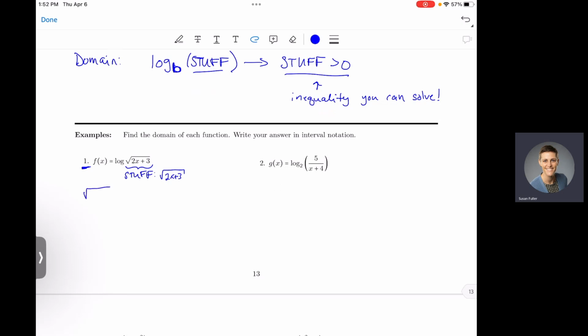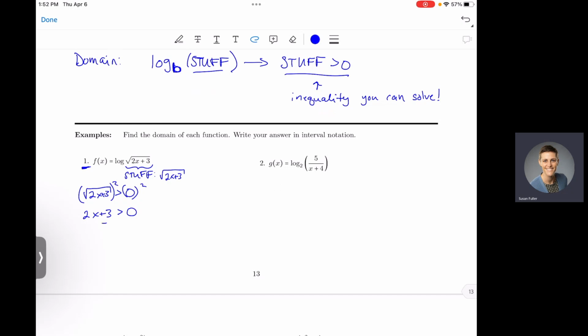We got to make sure that our stuff is strictly greater than 0. Okay, so to start solving this, we got to get rid of that square root. So we're going to square both sides. When we do that, we get 2x plus 3 over here. That's got to be greater than 0.